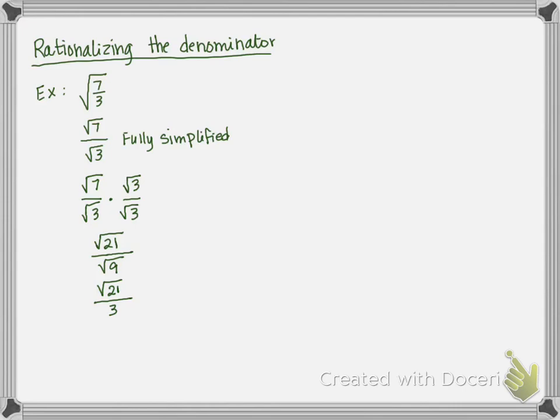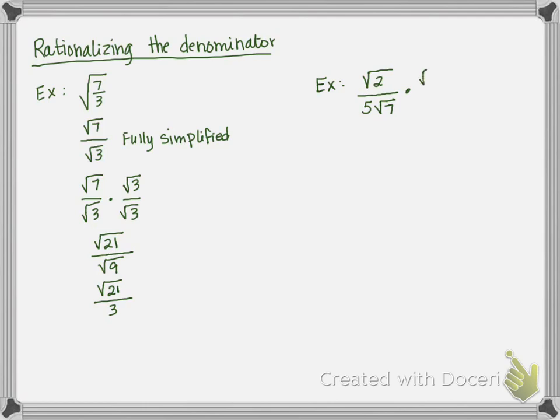So if I had the square root of 2 over 5 times the square root of 7, I don't have to multiply by 5 root 7 over 5 root 7 to rationalize. I just have to multiply by the irrational factor.